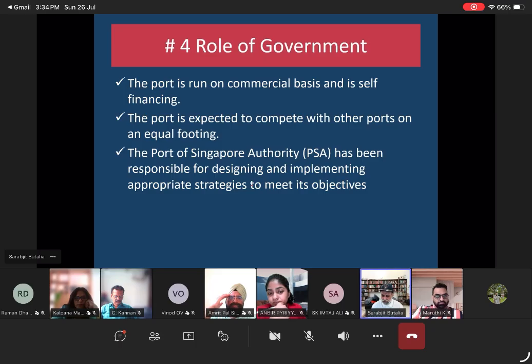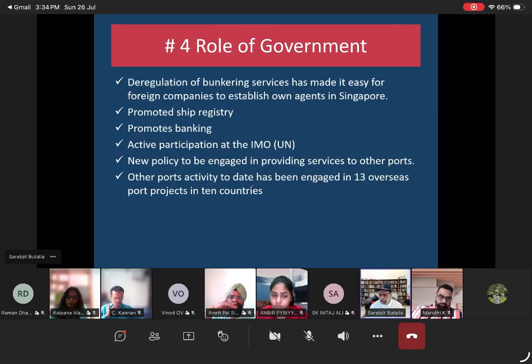The Port of Singapore has been responsible for designing and implementing appropriate strategies to meet its objectives. Deregulation, so refueling is cheaper. It's also a big ship registry, that means flag of convenience. So a lot of people have their fancy private banking here.